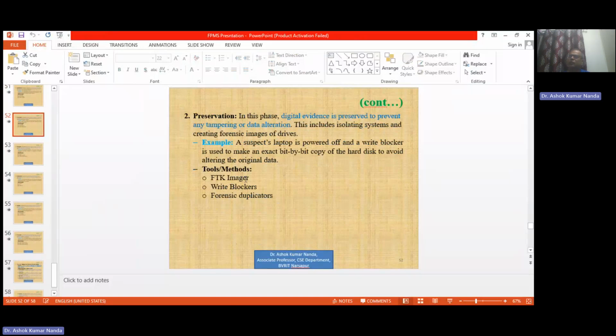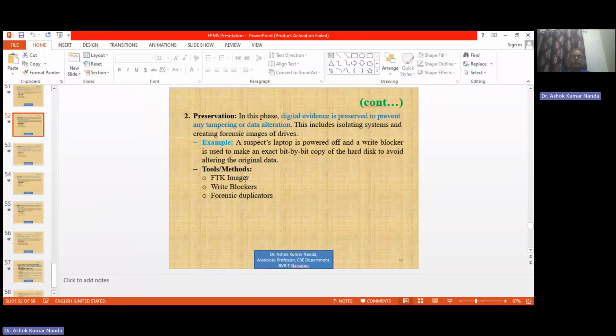Sometimes we have to produce it in court, or some other investigation agency may ask for further investigation, so at that time we have to support. This includes isolating systems and creating forensic images of drives.